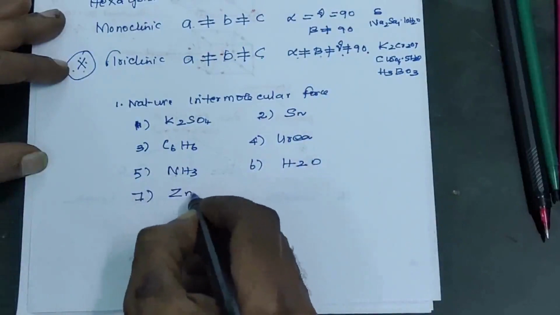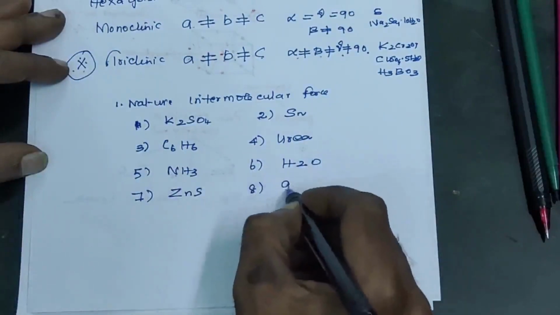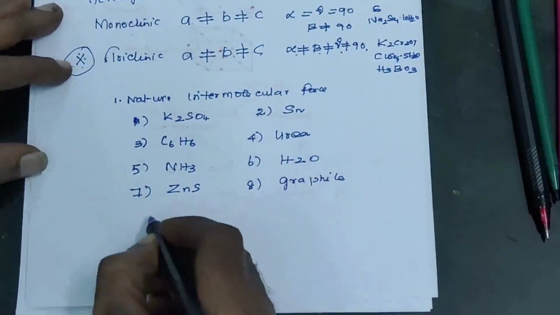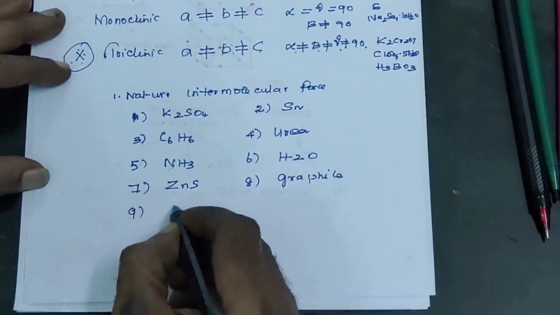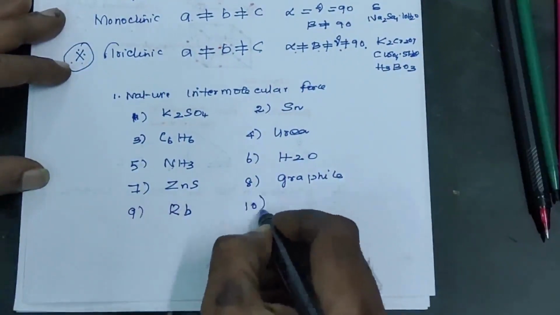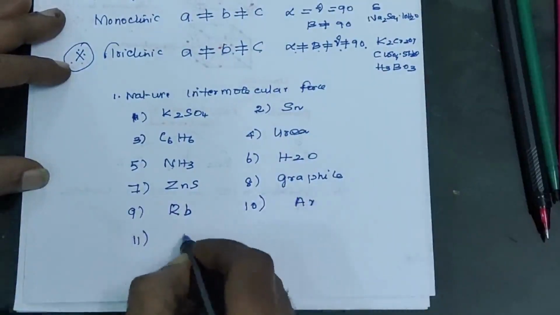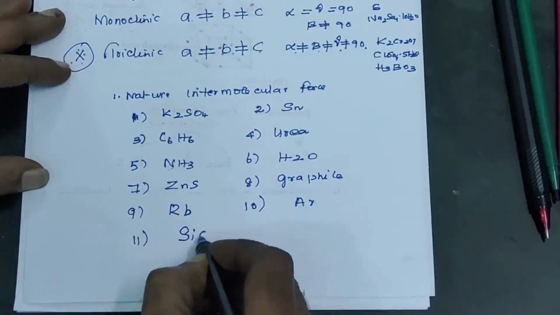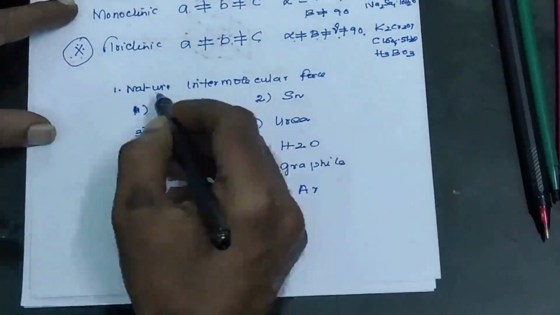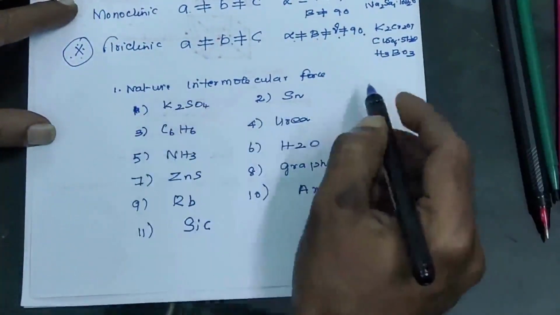Zinc sulfide. 8. Graphite. 9. Rubidium. 10. Argon. 11. Silicon carbide. So for the following, find out the nature of the intermolecular forces.